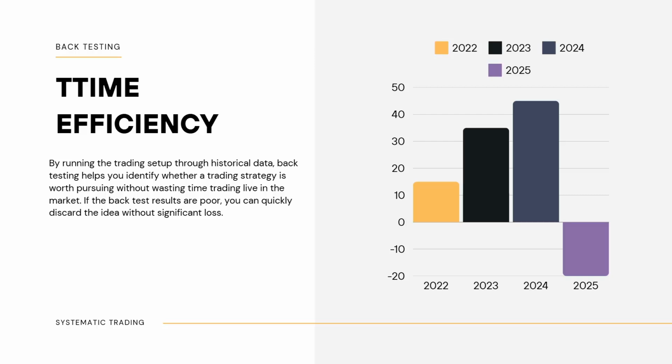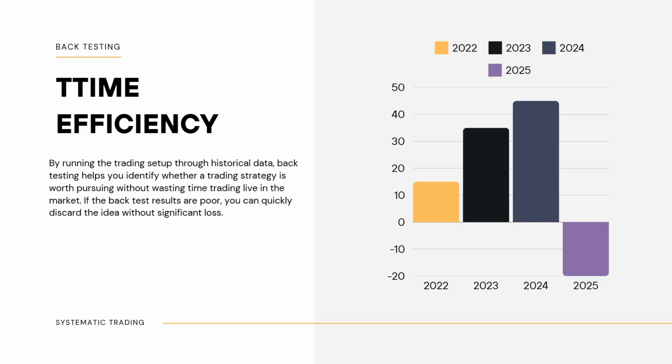But suddenly in a bad year like 2025, your portfolio drops by minus 20%, which clearly means that in a scenario where the markets are falling very badly, you are losing a lot of the profitability which you have earned in the last 3 years. This is not a good sign.